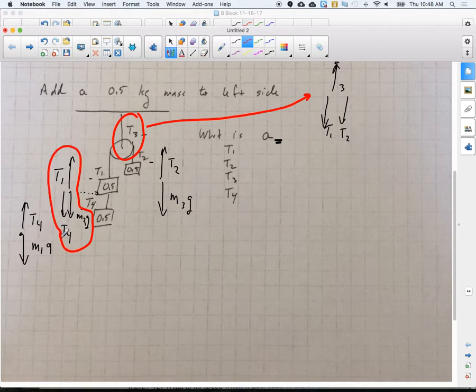Ask your question again, Sarah. For my free body diagram for the T3 on the top right, I wrote one of the forces as T1 plus T4. No. T1 takes care of that. All this pulley knows is that it's being pulled down on the left by T1 and being pulled down on the right by T2.